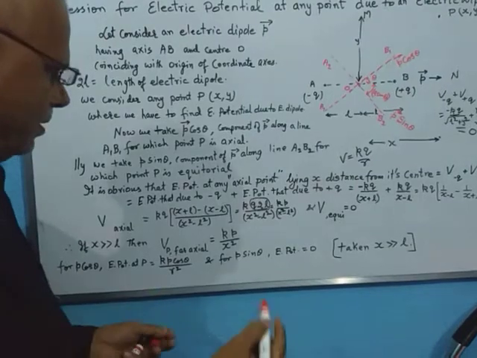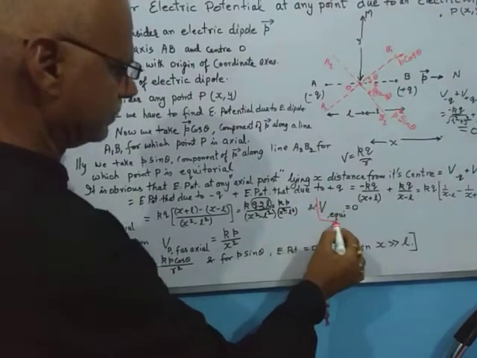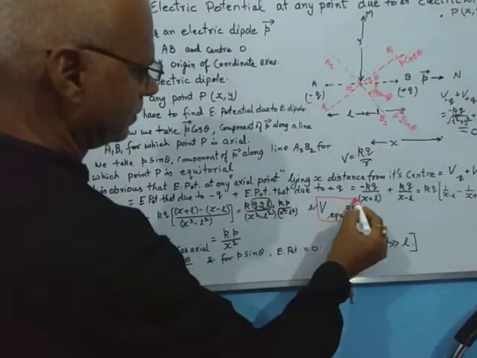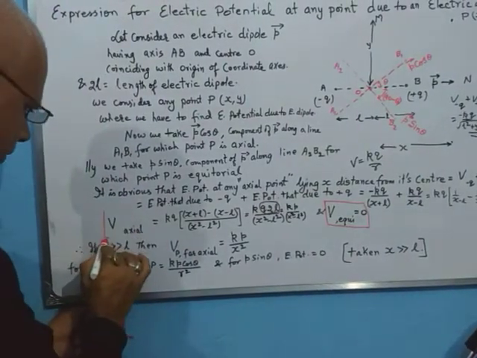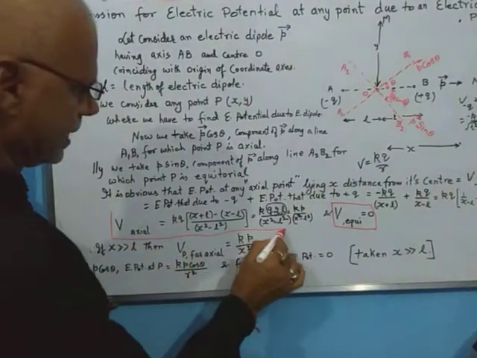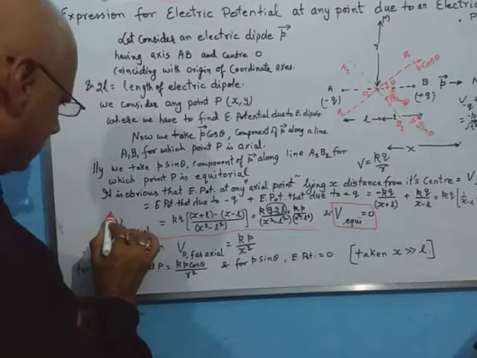Now we have found the electric potential due to an electric dipole at an axial point and at an equatorial point.